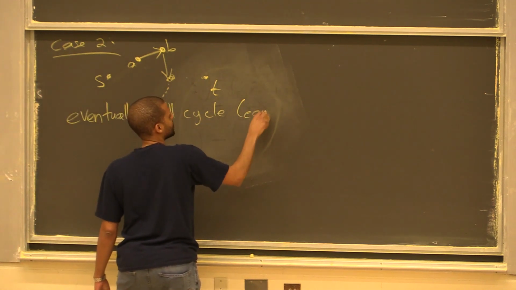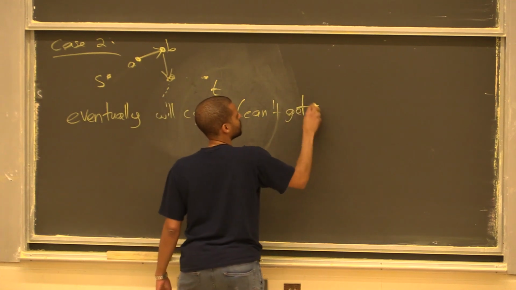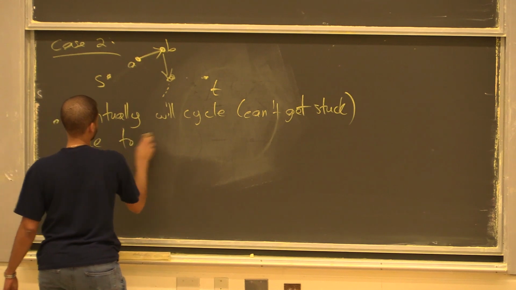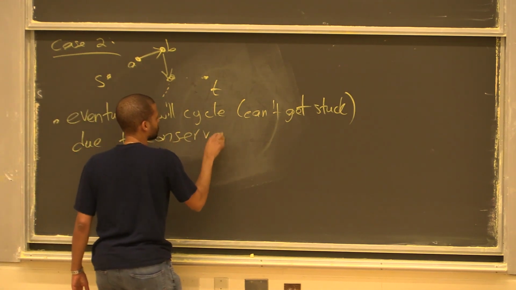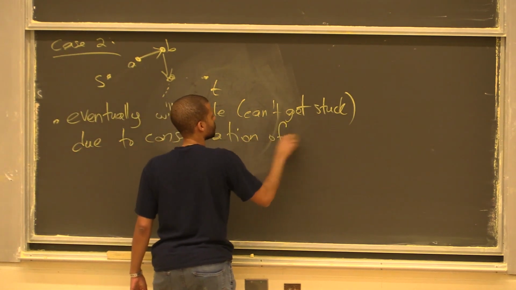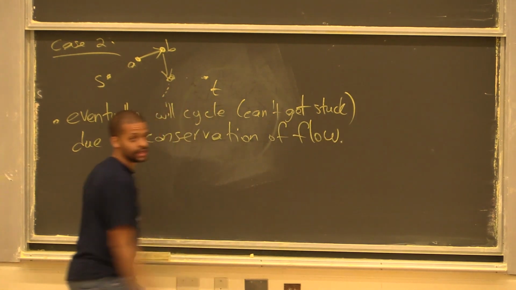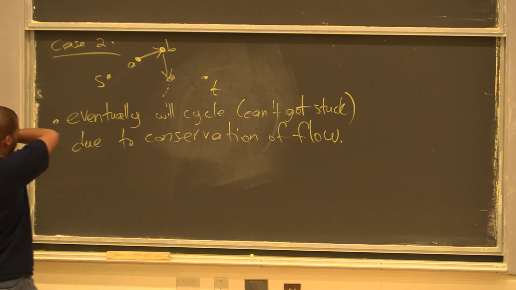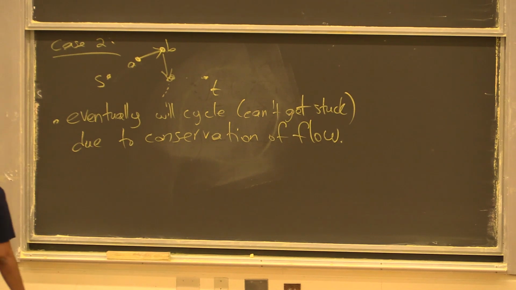I cannot get stuck, due to conservation of flow. So again, now I found a cycle. I can decrease the flows on all the edges in the cycle by the minimum flow on any edge in the cycle, and then repeat, use my inductive hypothesis, and then decompose what's left. So that's it. That's the proof of lemma 1.